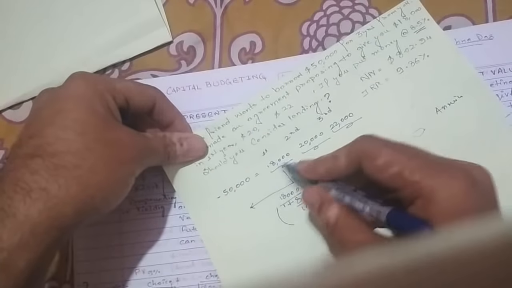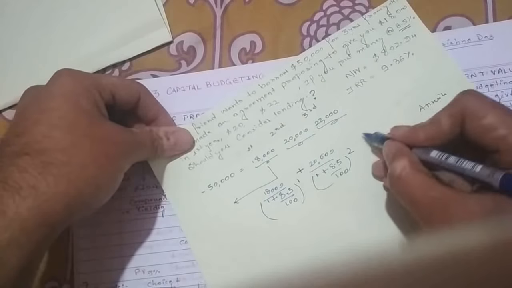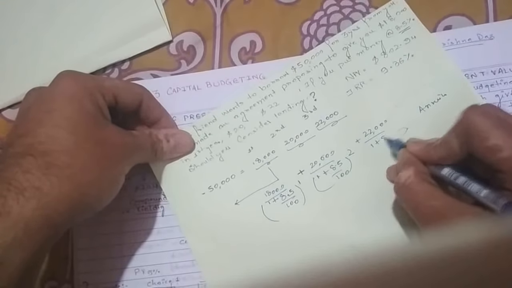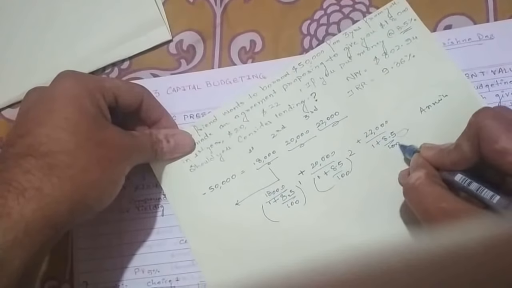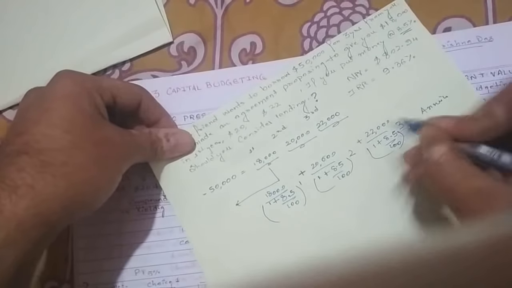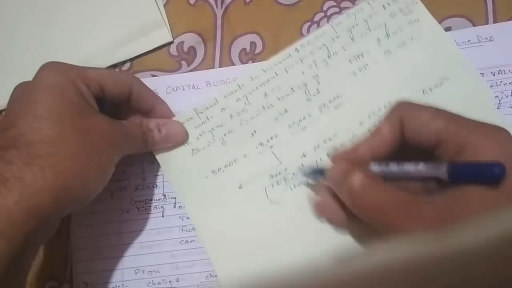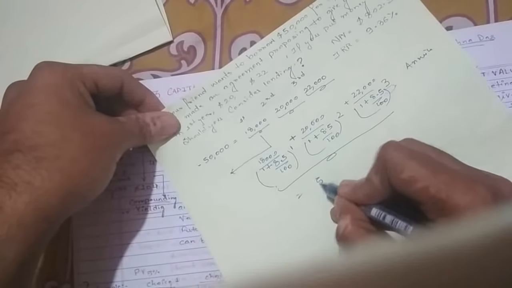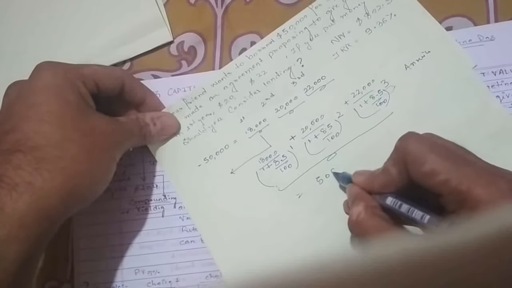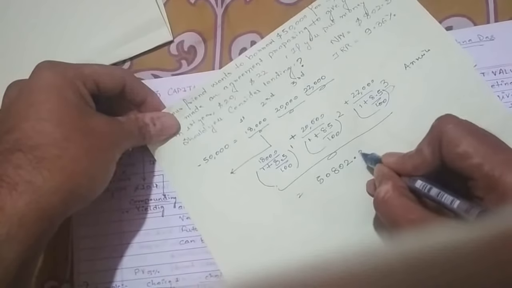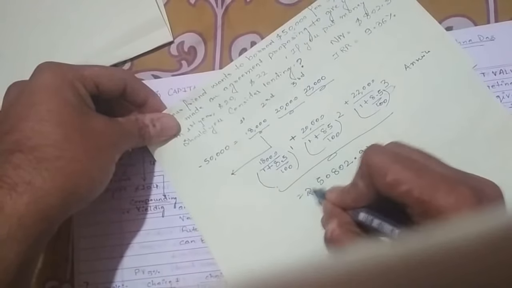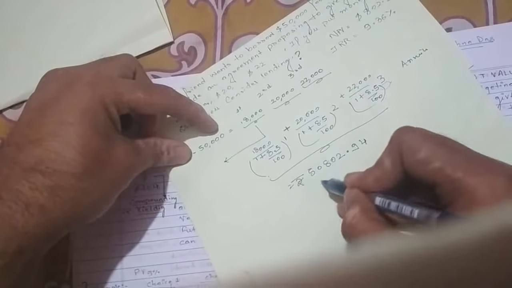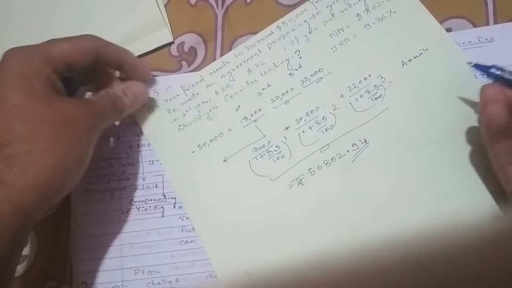Discounting is for 2 years, and for the third year we are doing (1 plus 8.5/100) to the power 3. So if you collectively find this amount, you will get 50,802.94 rupees. So you have invested this much, and the present value you are getting is this much.